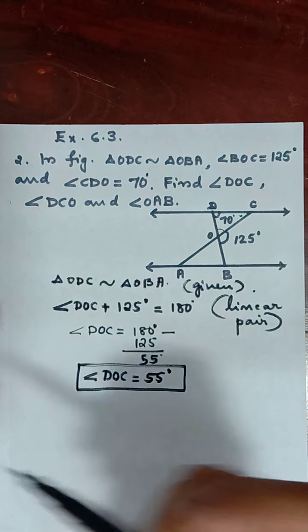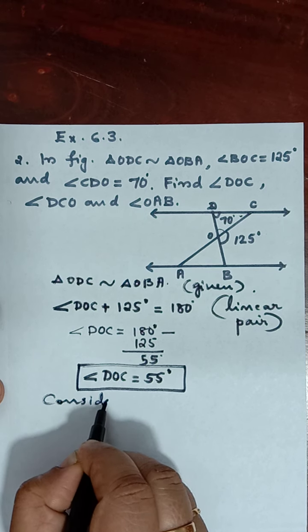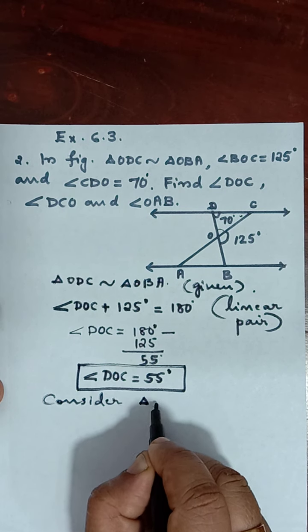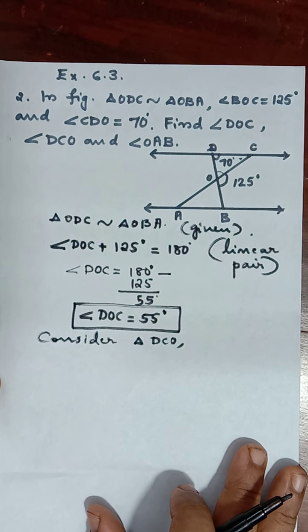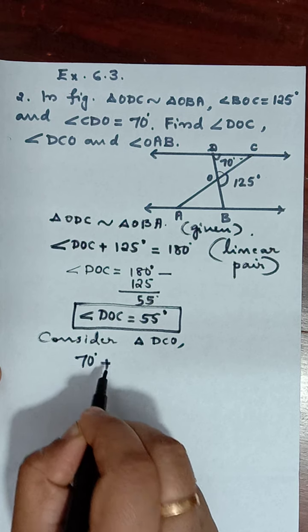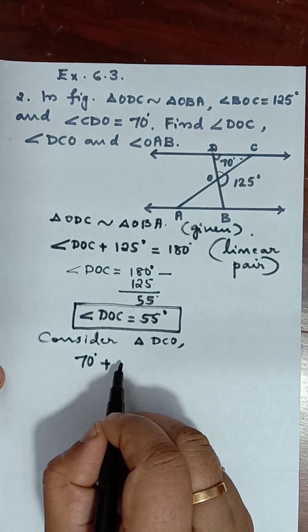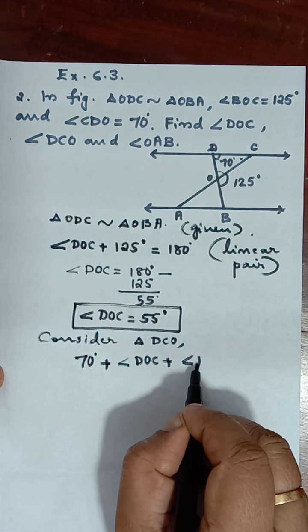It's very easy to find out. Better write all the steps. Consider triangle DCO. Here the angle sum: 70 already given plus 55 we have found out, that is DOC, plus DCO.